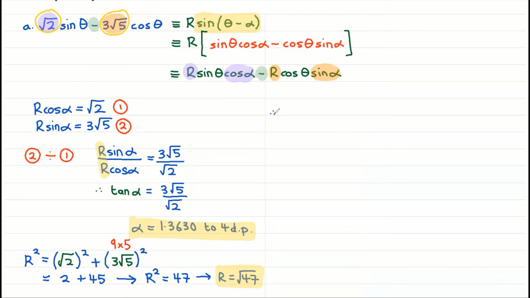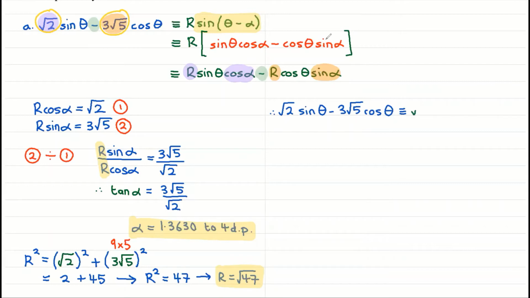So therefore, we now know that √2 sine theta subtract 3√5 cos theta is identical to all the stuff we've just found.